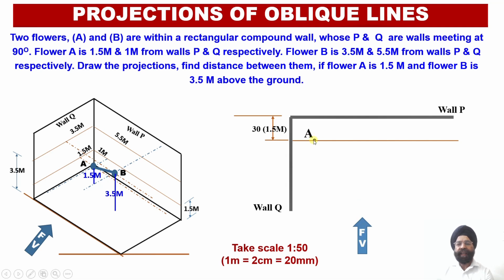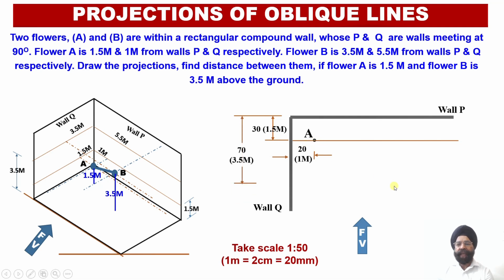As we know, point A or flower A is located at a distance of 1.5 meters from the wall P and 1 meter from the wall Q, and the height at which flower A is available in the spatial world is 1.5 meters above the ground.